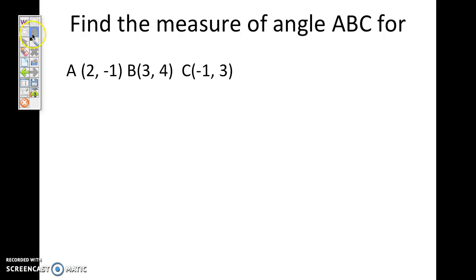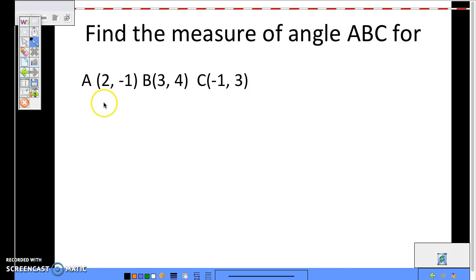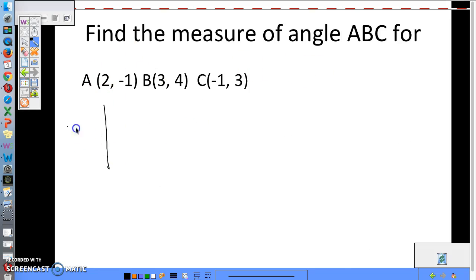So the next thing we're asked to do is find the measure of ABC. So let's see here. If we were to graph this, 2, negative 1, here's A. 1, 2, 3. So 3, 4. Here's B. Negative 1, 1, 2, 3. Here's C. So we want to find this angle right here. So once again, we have to find, what are these vectors here?